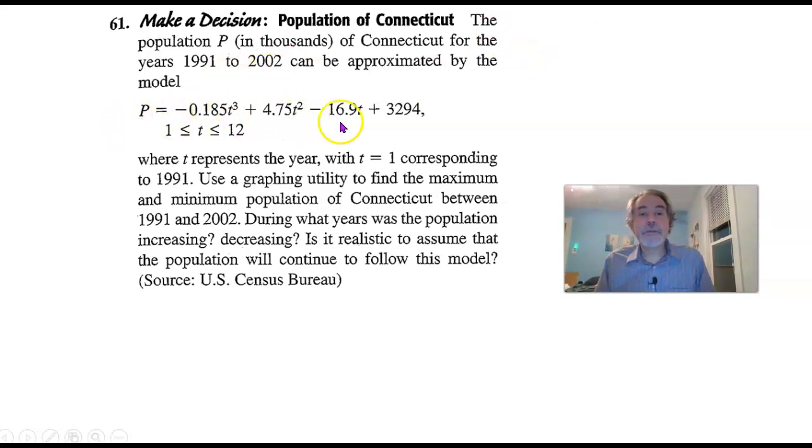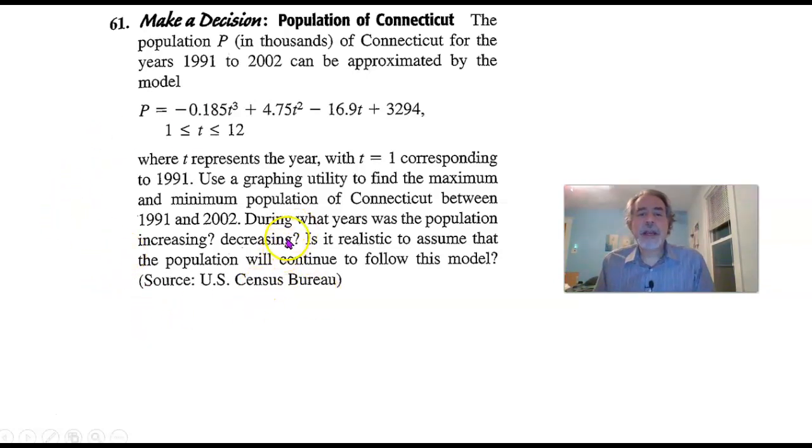Here it is given by this equation, the population as a function of the time or the year. So if you plug in 1, it gives you the population in the year 1991. Plug in 2, tells you what the population was in 1992. Plug in 3, you get the population for 1993 in thousands of people, and so on.